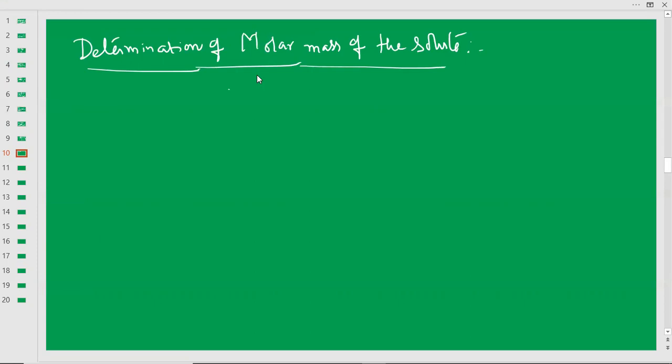What is that? From Raoult's law only we will discuss this point. From Raoult's law, the relative lowering of vapor pressure is a convenient method in determining this one. In this, there are some considerations.